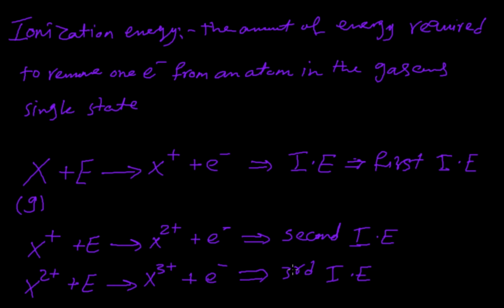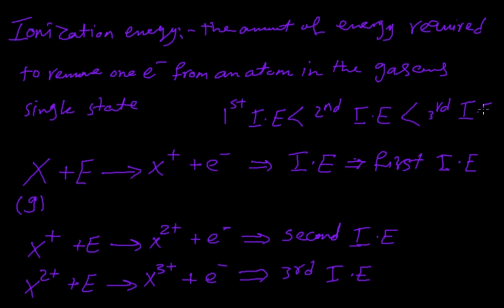So we can describe it like this: the first ionization potential is smaller than the second, and the third ionization potential is the greatest in amount.